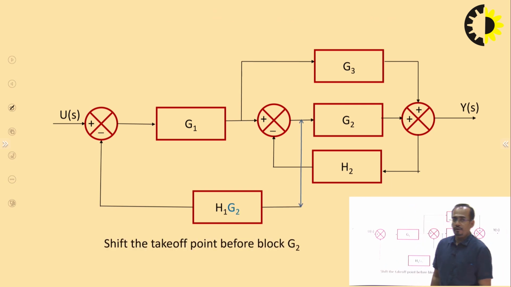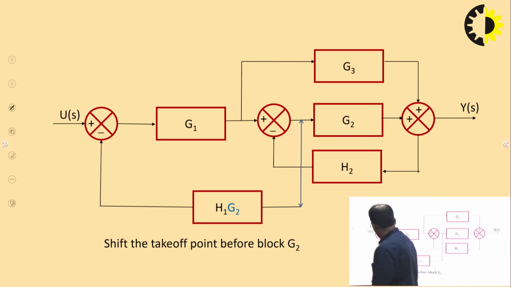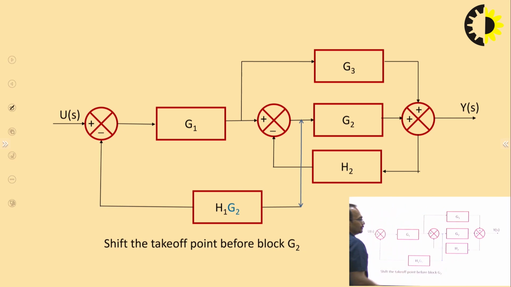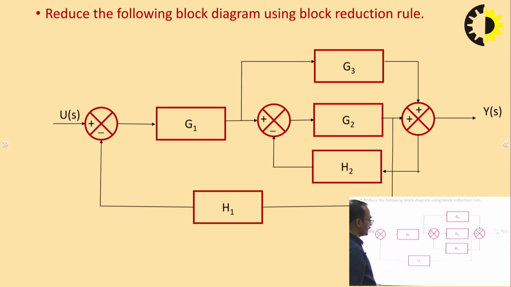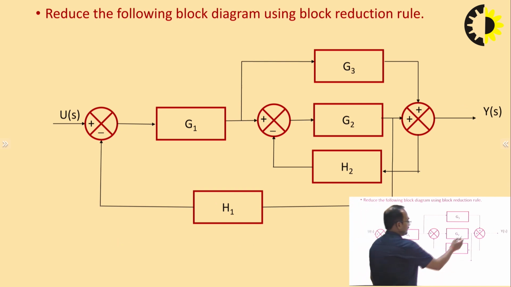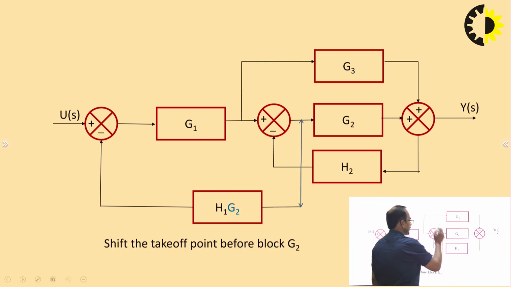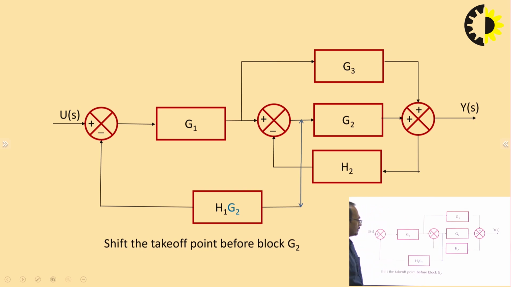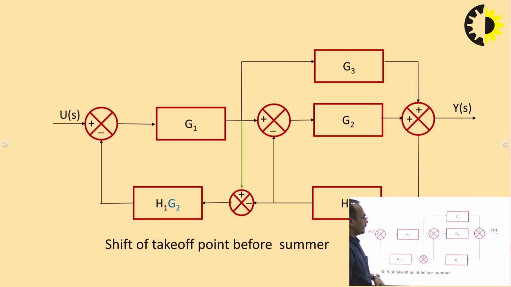So here first of all we have shifted the takeoff point before the block G2. In the previous block you can see what I have done: I have shifted this takeoff point before the block. By shifting this before the block, I have multiplied with the gain of the block before which I have shifted the takeoff point.